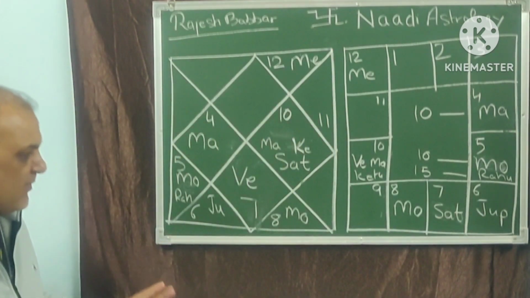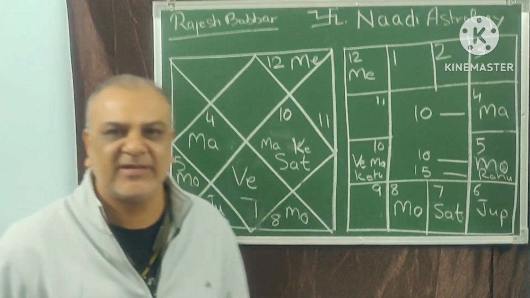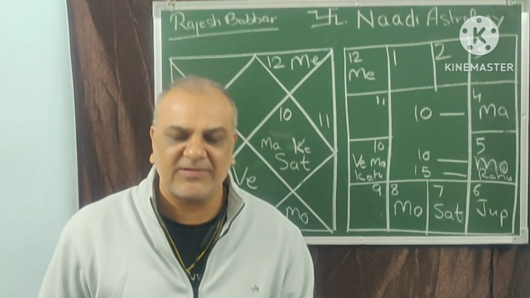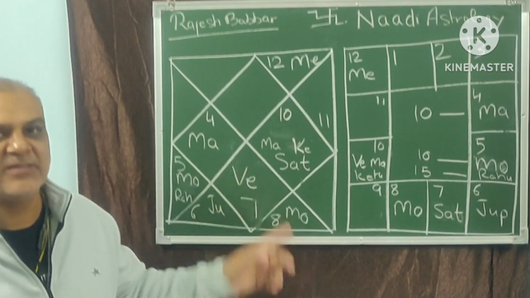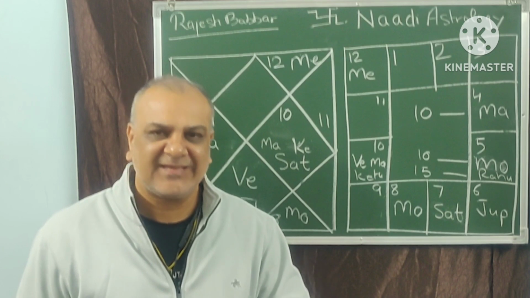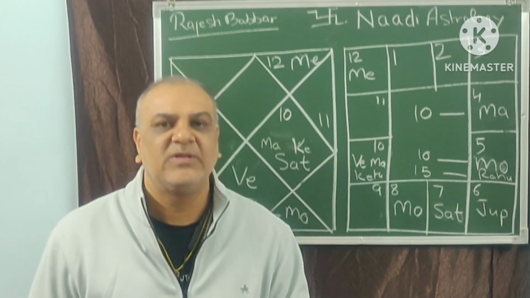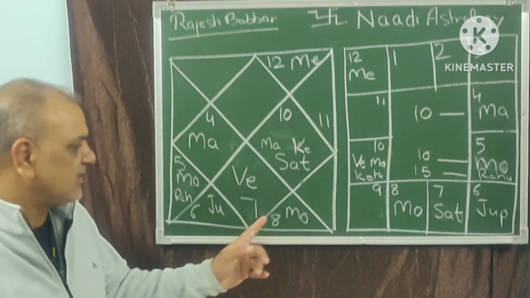So now what will happen? Mars is debilitated, Moon is also debilitated, but there is a Rashi Parivartana between the two. So this forms a complete Raj Yoga, and debilitation of both the planets gets cancelled. But now there is one condition according to Nadi techniques.